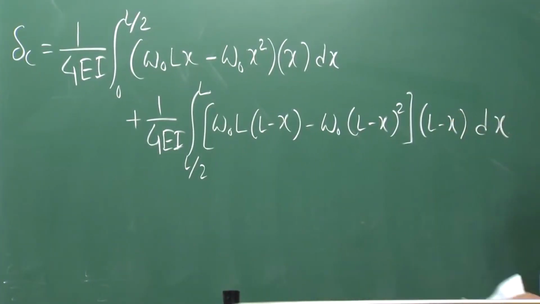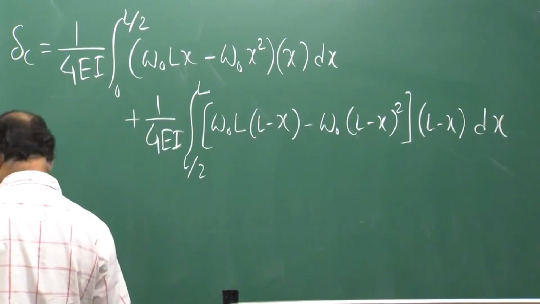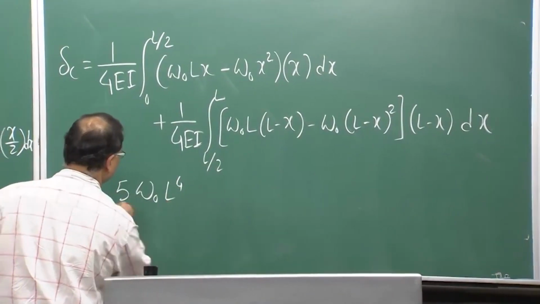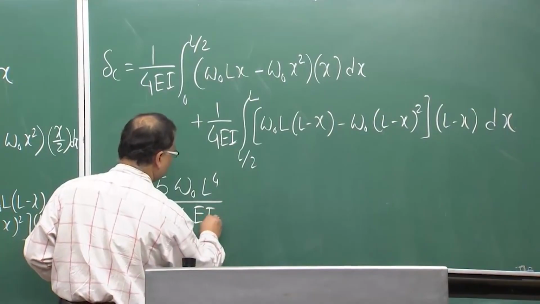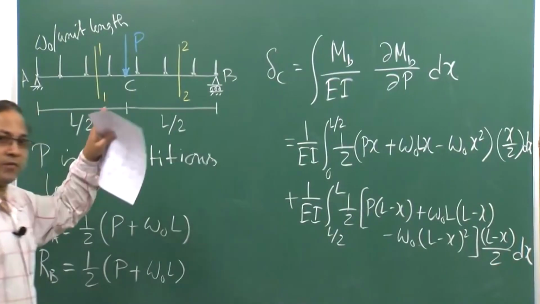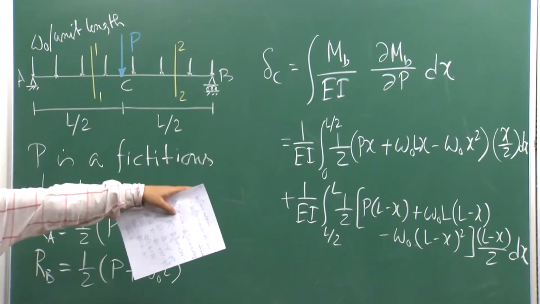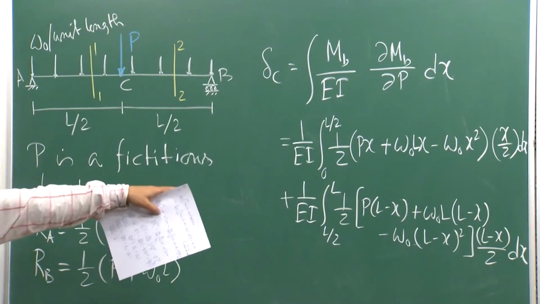Now, you perform these two integrations, and you will get delta C equal to 5 W naught L4 by 384 EI. Now, if you look back, the same problem we solved earlier using the method of superposition. There also we got the same value, 5 W naught L4 by 384 EI.